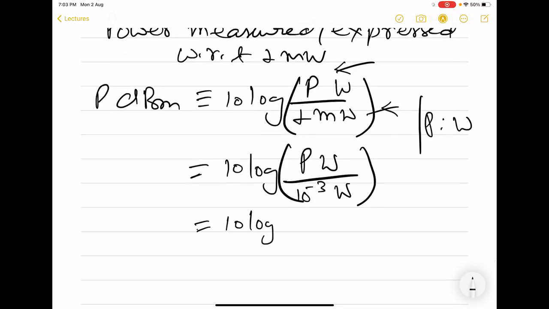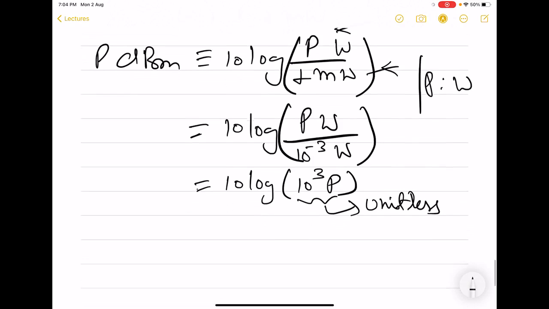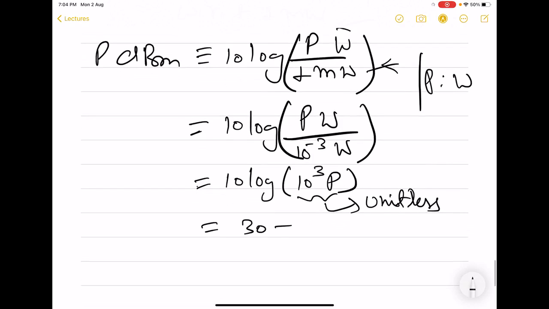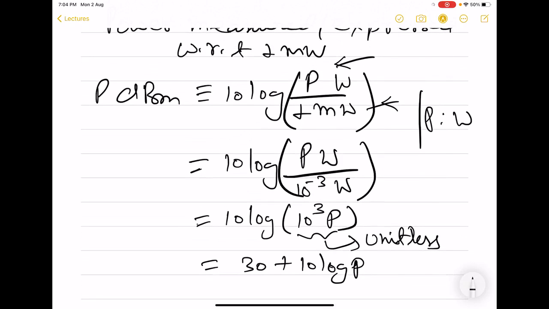So we can now do the calculation as 10 log of 1000 into P, and in this case this quantity is unitless. And this will, of course, turn out to be 30 plus 10 log P. So here also what we have done is we have basically converted the P watt of power into a unitless quantity by normalizing or referencing or measuring it with respect to 1 milliwatt of power.